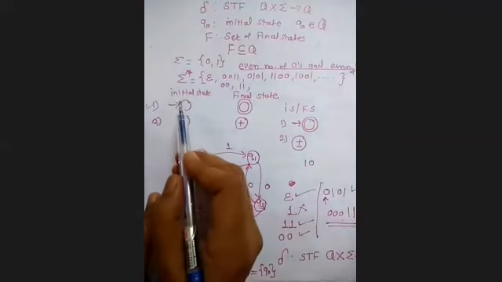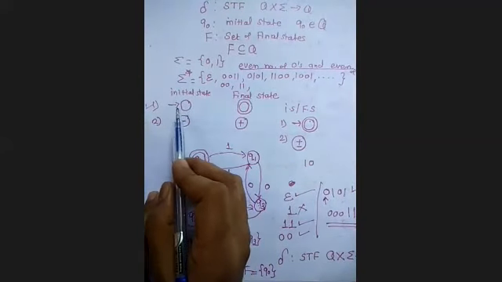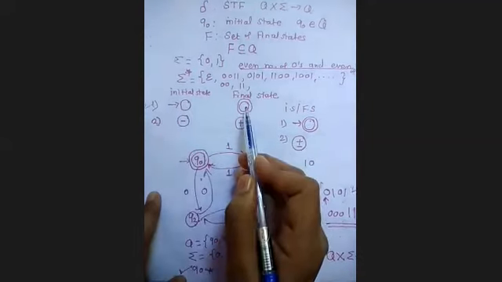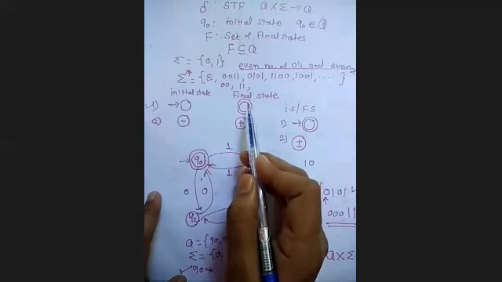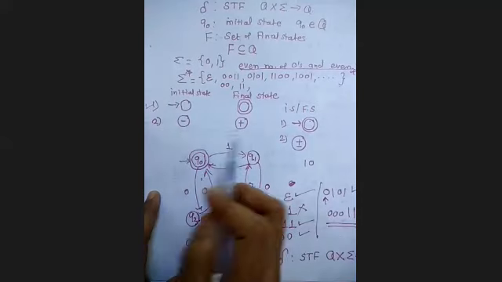Then we have seen the notations that we can use to denote the initial and the final state. One way is to show an incoming arrow into the circle, that is the initial state, and the final state you show by 2 concentric circles. The second way is using minus and plus signs.